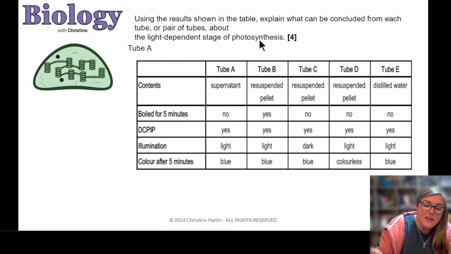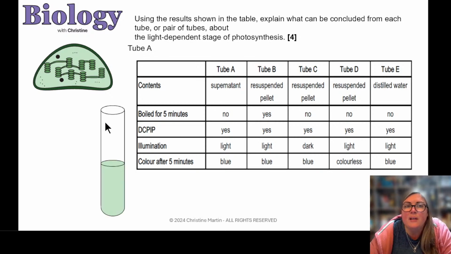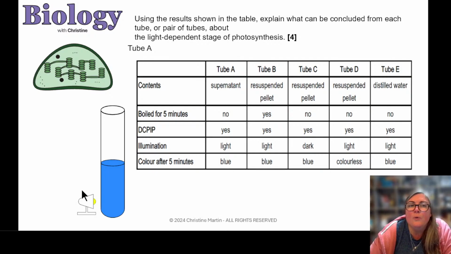And we know in this case, the DCPIP would be the final electron acceptor. And so if we know the DCPIP is the final electron acceptor, we therefore need to know that if there's light available and photosystems are in our stroma, then that color would change to be colorless.